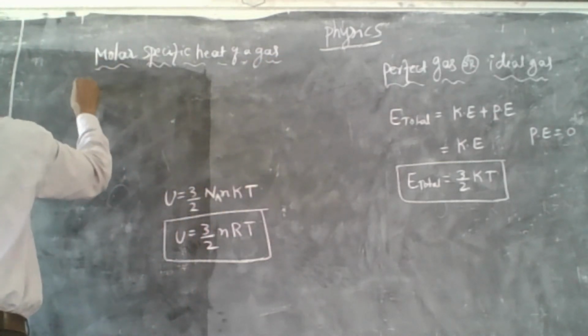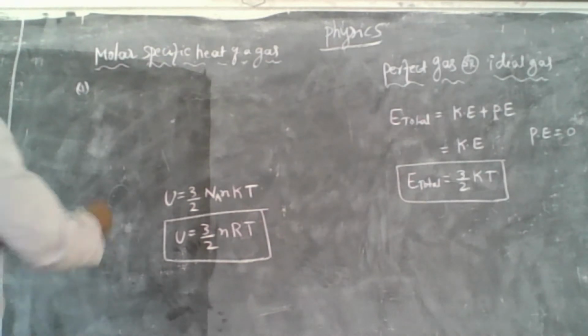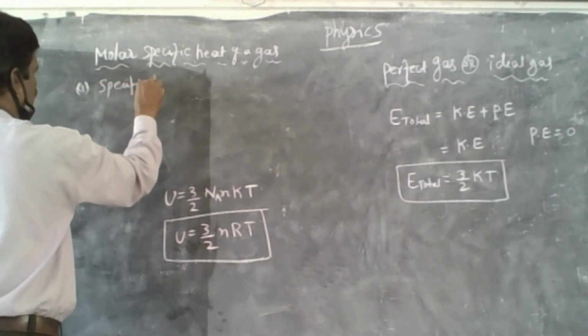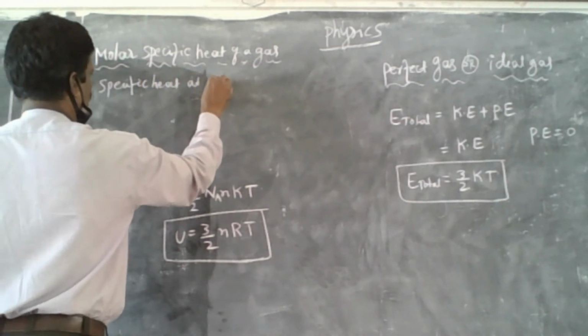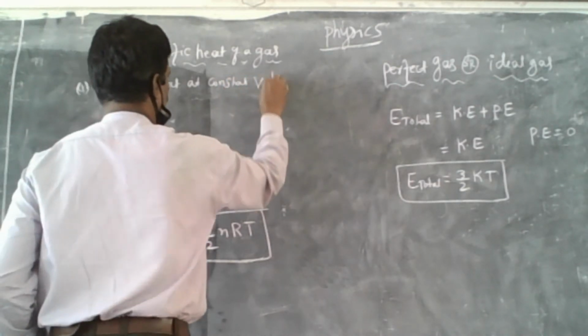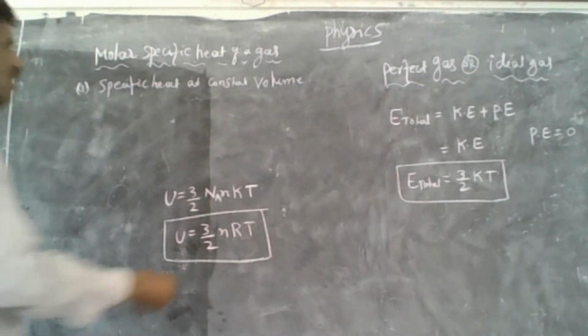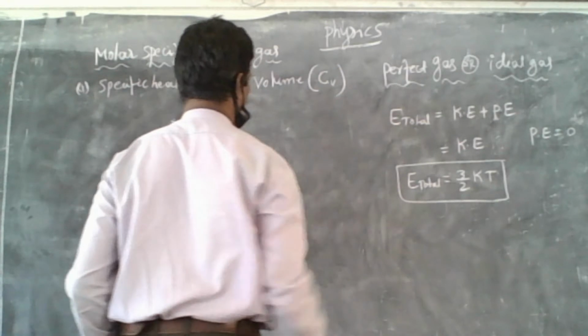First of all, we are going to discuss specific heat at constant volume, or we can simply call it CV.